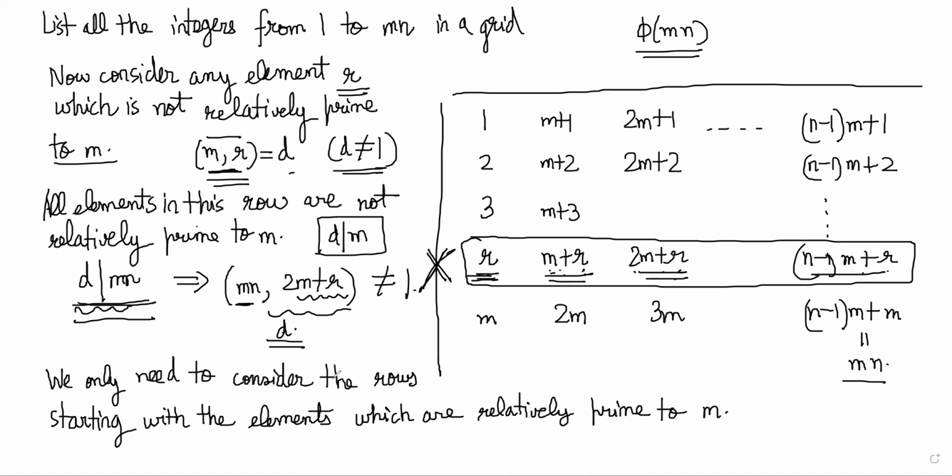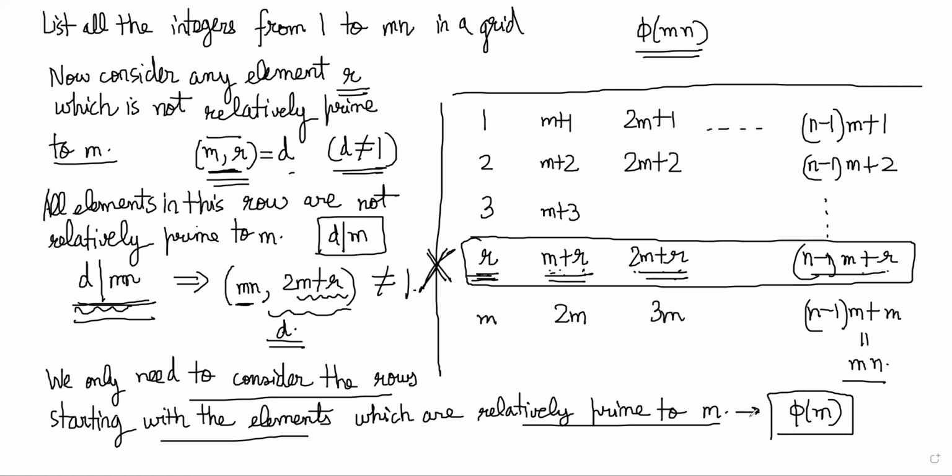Because anytime you get a row starting with an element which has a common factor with m, then that row has no number which is relatively prime to mn, right? So how many such numbers are there which are relatively prime to m? Obviously that is phi of m. By definition of the totient function, the number of such numbers is phi of m. So out of the m rows, I only have to think about how many rows? I have to think about phi of m rows, right? Where the starting number of the row is relatively prime to m, right?